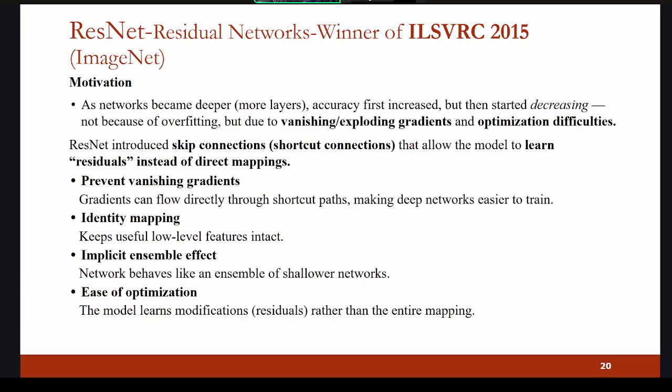Instead of direct mappings, residual mappings between the layers were carried out, using which they were able to reduce the number of parameters to be learned and also achieve optimization. For example, they prevented the vanishing gradient problem.